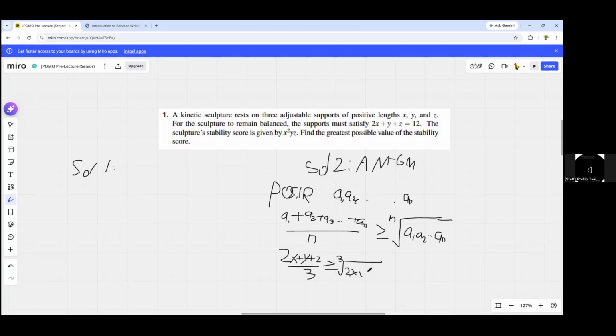But this is not x squared yz. The 2 is here, it's not on the exponent. So we can't use AMGM here directly to find the solution.